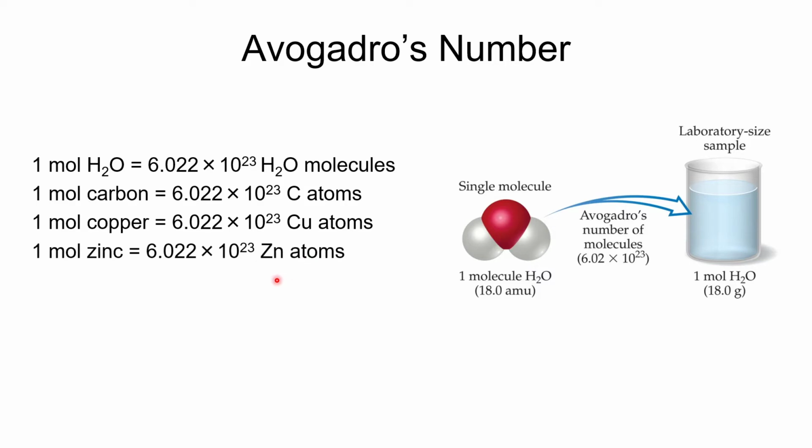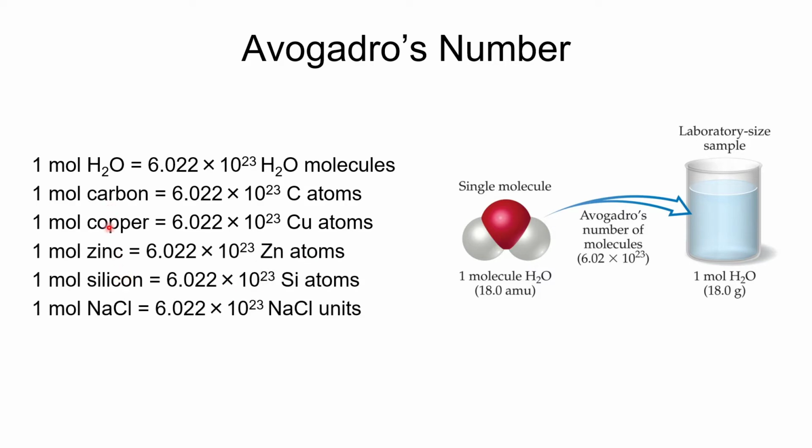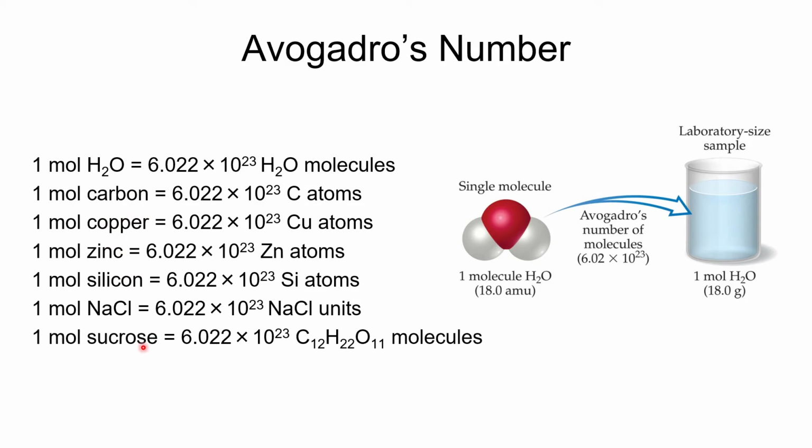These are all the substances we just went through: carbon, copper, zinc, silicon, sodium chloride, and sucrose. So that's what Avogadro's number of particles looks like. Again, it just depends on which substance you are looking at.